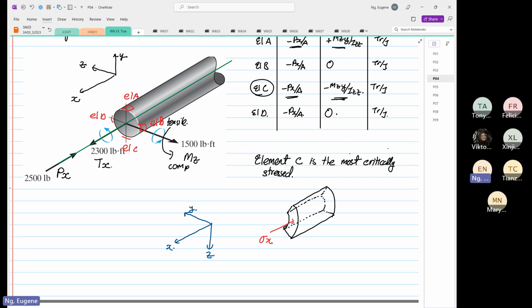Okay, and then if you look at how the torsion is acting, we're going to have a torque moving in this direction, so the other side, the torque will be, let me change color, I do apologize.